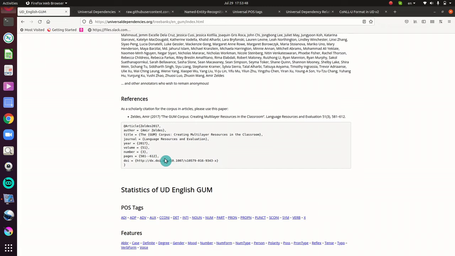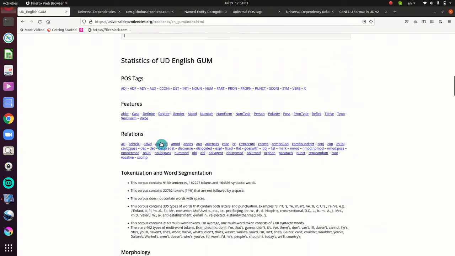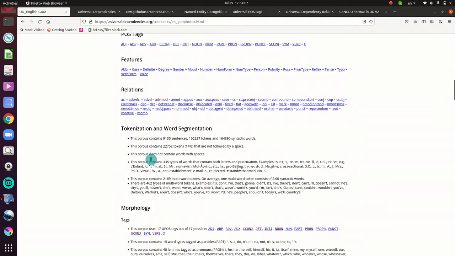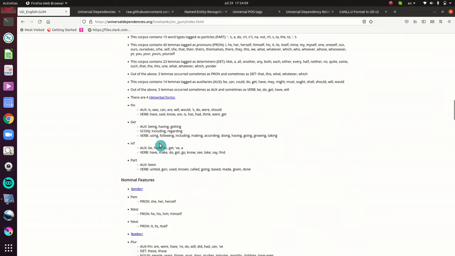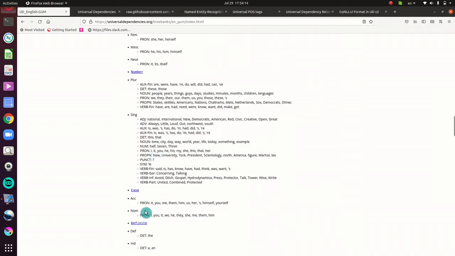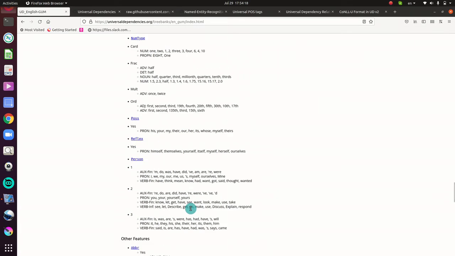Then below we will see some information about this treebank, which text sets are used, what the tags are, here are the POS tags, here are the features, which are morphology, dependency relations, here they are, information about some non-standard words, morphological tags, some lemmas, some examples of given tags, and so on. Many details actually. As you see, lots of details.